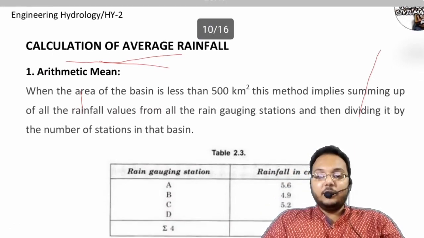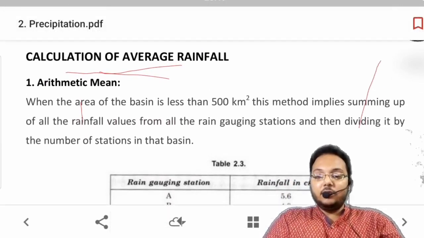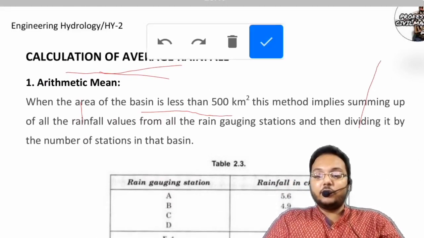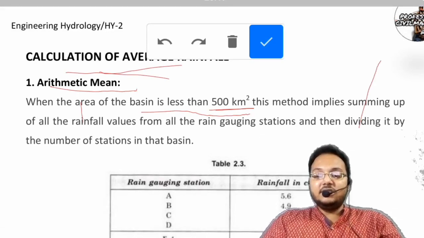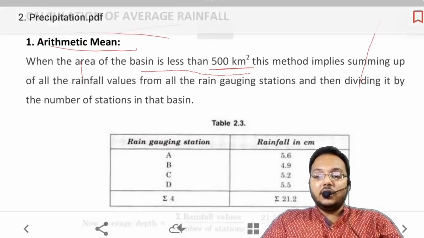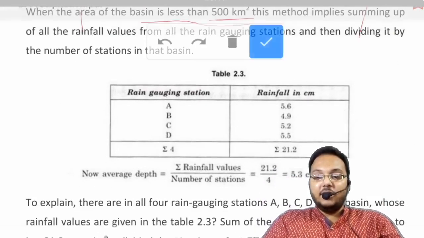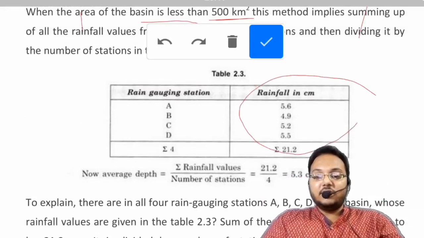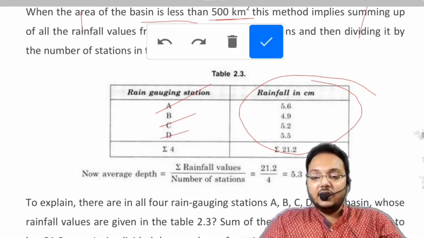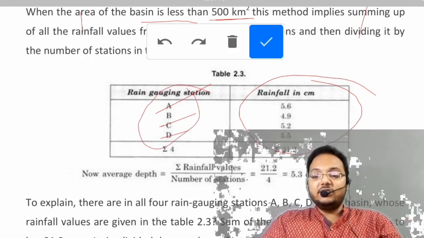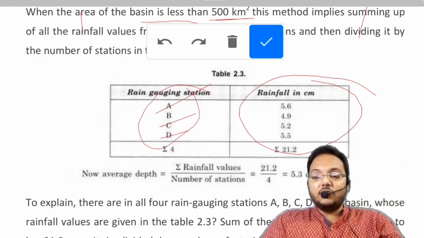So regarding the arithmetic mean, when the area of the basin is less than 500 km square, then only we are going to use this method of calculation through the arithmetic mean, and in this we actually do the average of the available rainfall data to us. So suppose there are four rain gauge stations A, B, C and D, and what we are going to do is that we are going to take the average of these four, just like this.